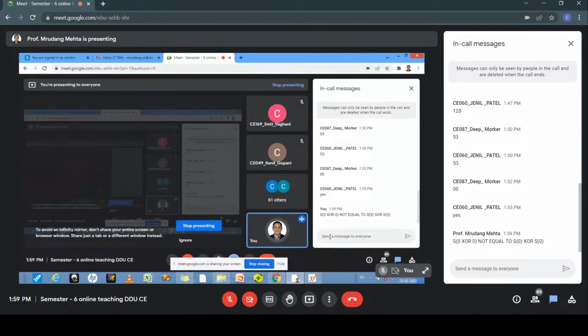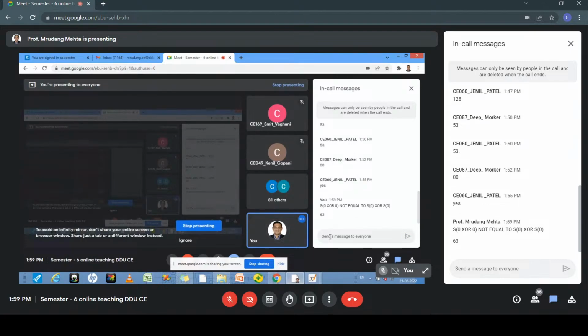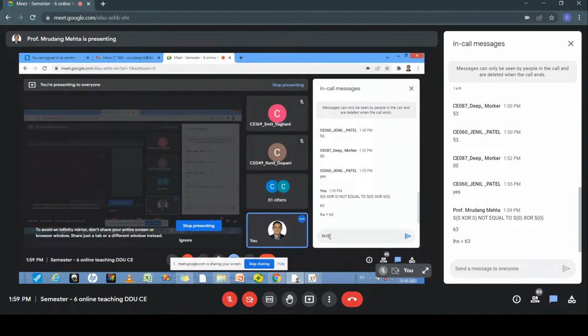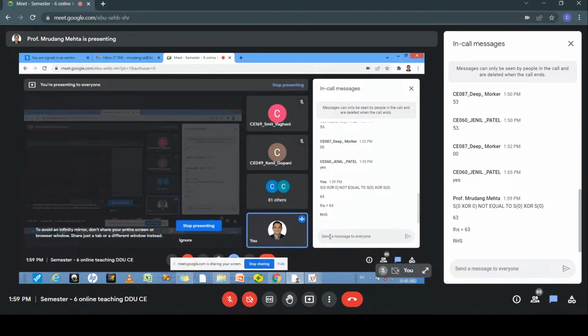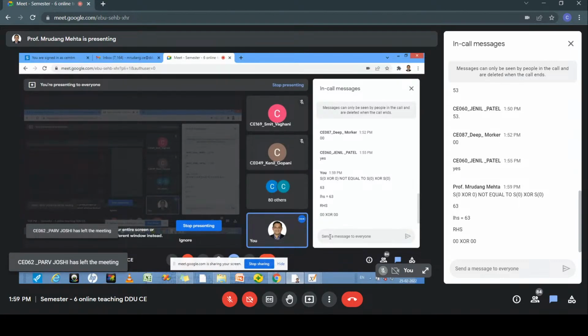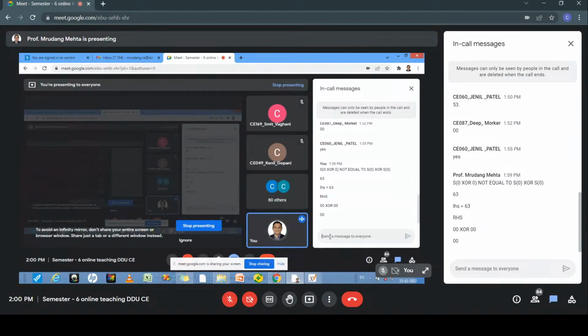0 XOR 0 is 0, 0, and in the table, if you find sub-byte of 0, 0, it is 63. So LHS is 63, but RHS is S of 0, 0 XOR S of 0, 0, that is 0, 0. So on LHS we get 63 hex and on RHS we get 0, 0.